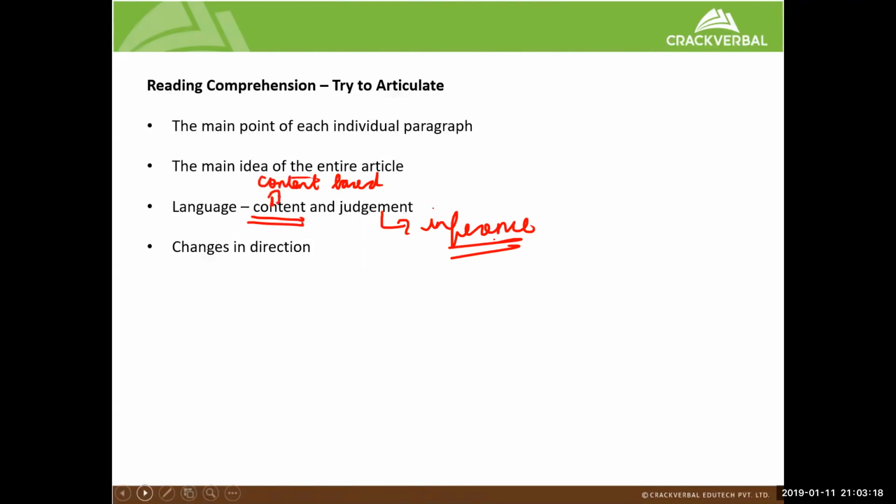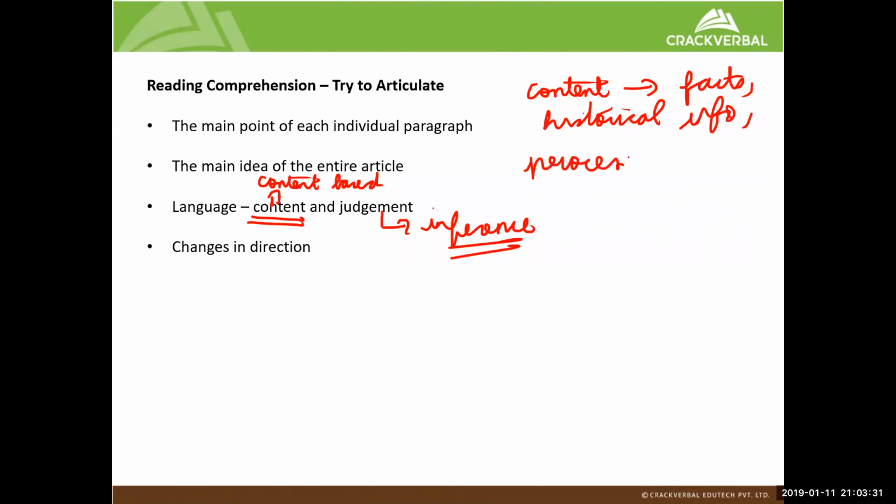So when you deal with content, what is content-based data? Like I mentioned, facts, historical information, some processes, categories of segregation. All of these would be content. And what would be judgment?